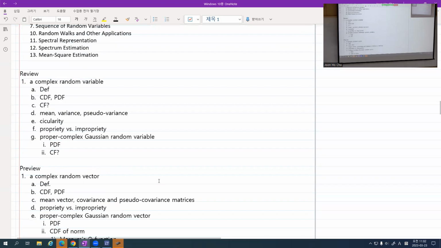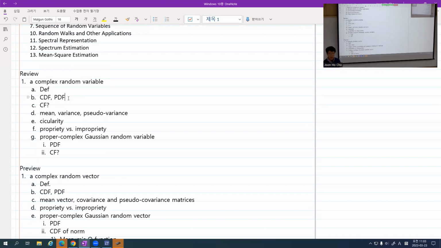Here goes reviews. We studied the definition of complex random variable. What was the definition of complex random variable? It was a collection of 2 real random variables, and we call one of the pair the real part and the other the imaginary part. That motivates how we define the CDF and PDF of a complex valued random variable.